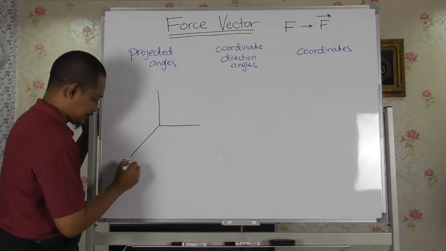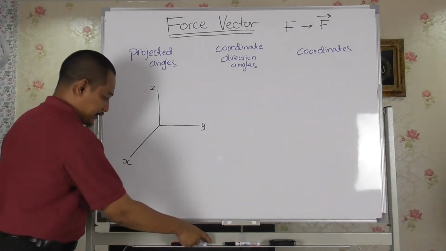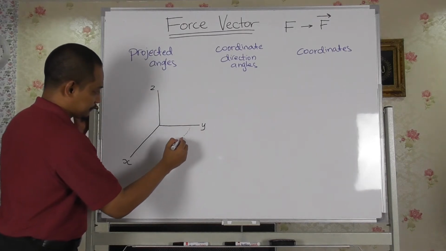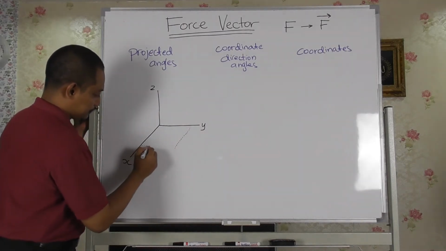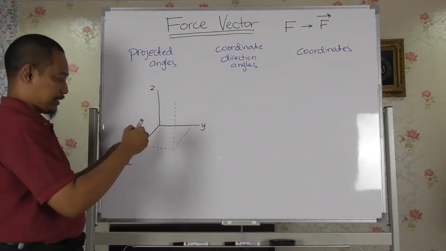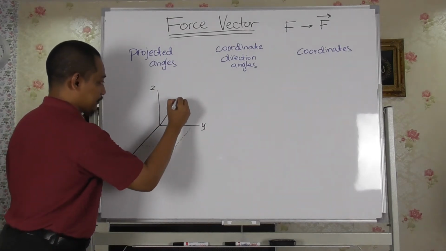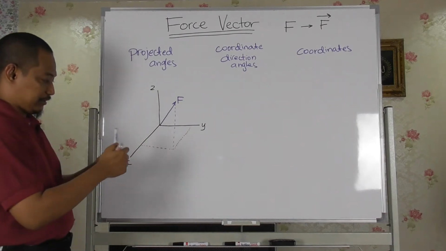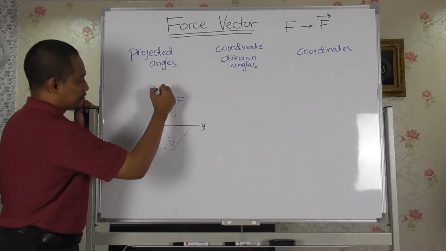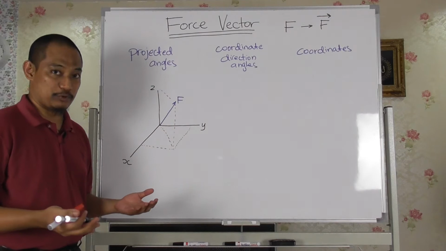And we have something like this, and then we have a force from the origin to this point here, for example F. So this is what we refer to as projected angles.